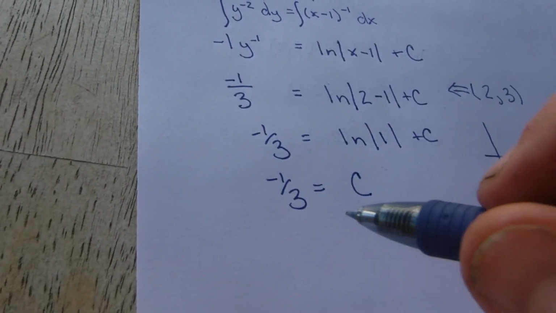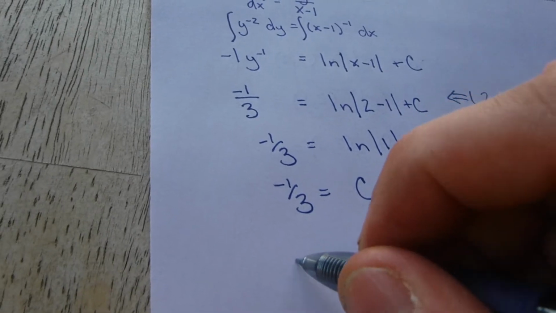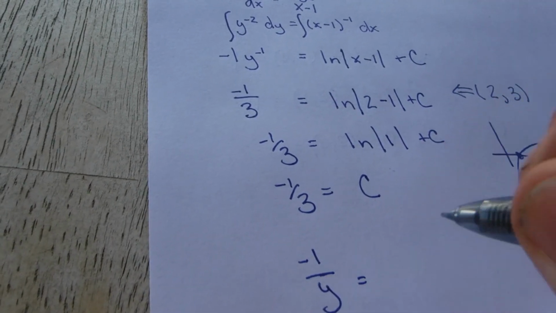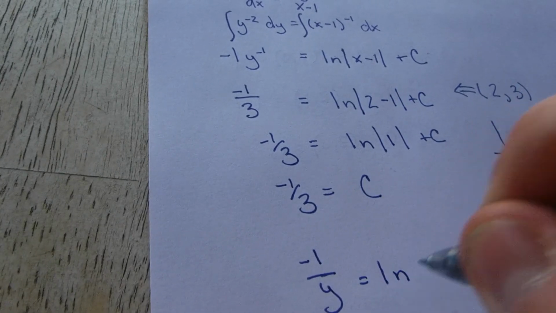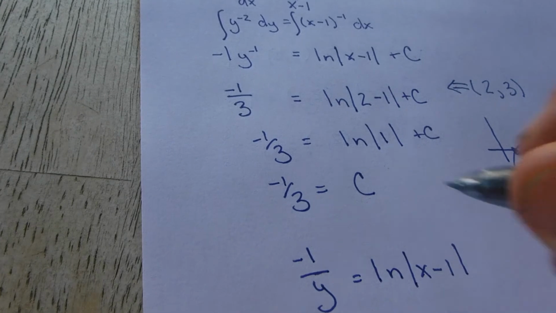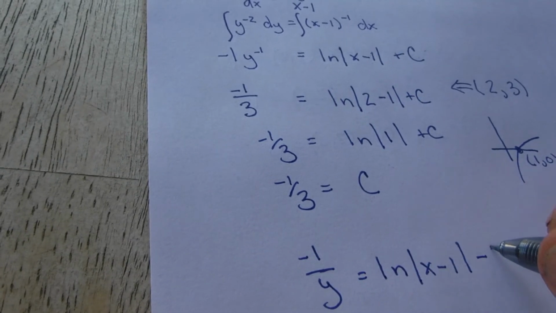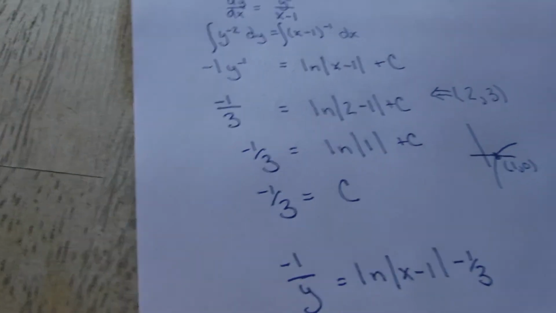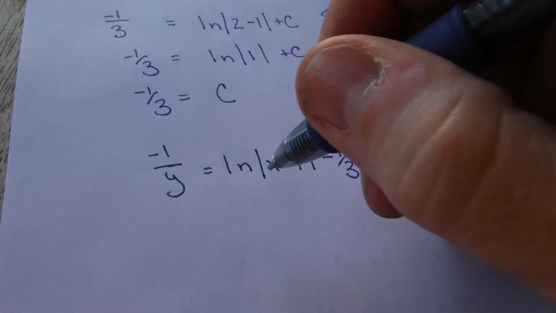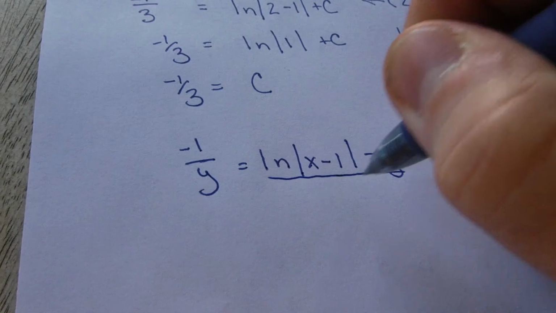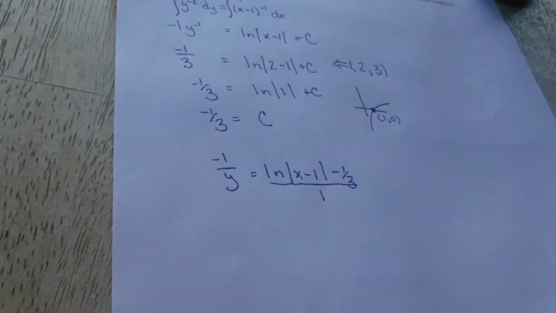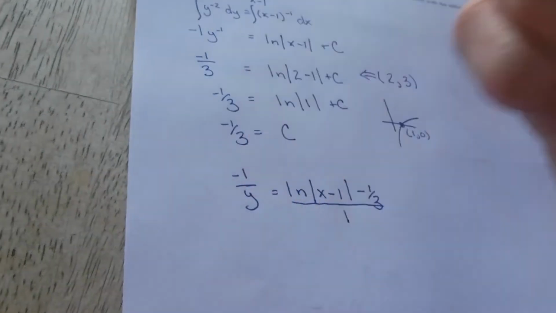Cleaning this up just a little bit, this is negative 1 over y to the negative 1 is equal to ln of x minus 1 plus c, and that's minus 1/3. To solve this one, this is kind of quick and dirty. I do my law of switcho-changeo, and I'm just going to move the y out and the ln down.